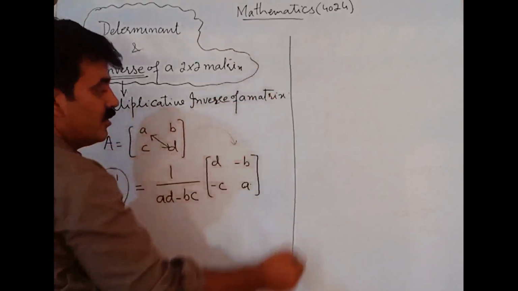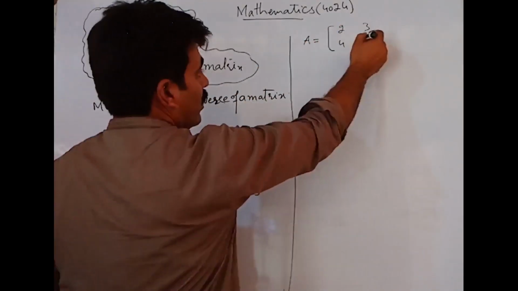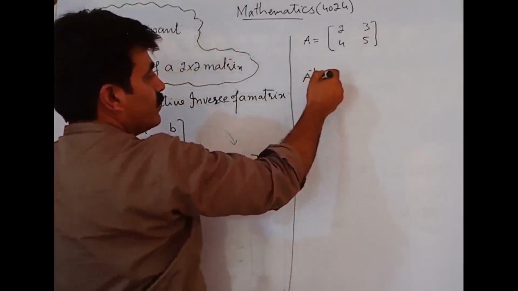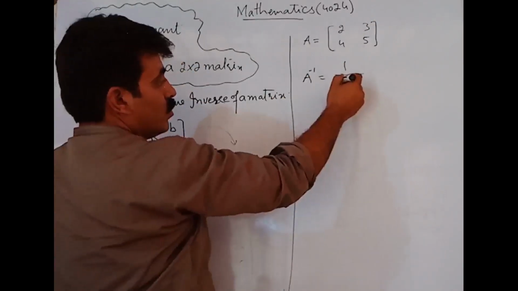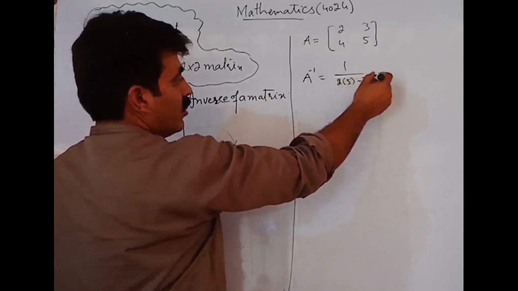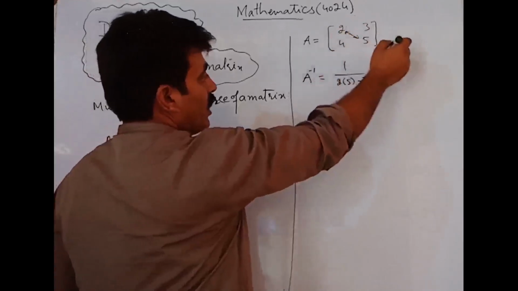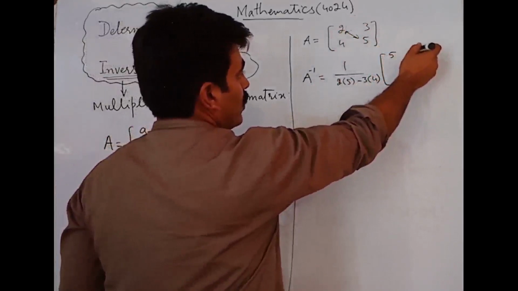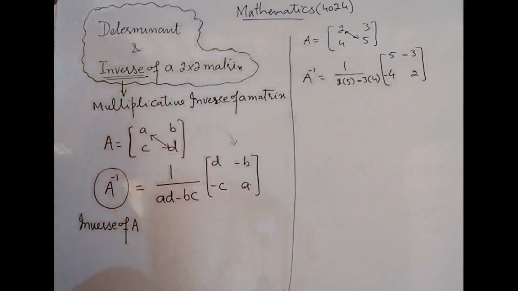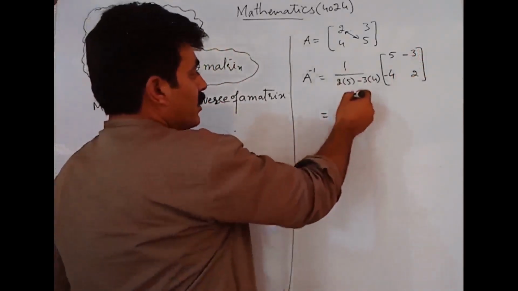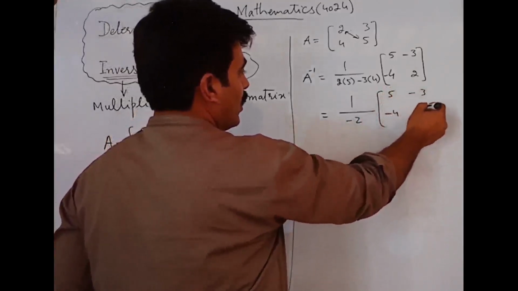Let's see an example. If matrix A is 2, 3, 4, 5, what is A inverse? That is equal to 1 over AD minus BC, 2 into 5 minus 3 into 4, into the matrix with positions changed: 5 and 2, and 3 and 4 with their signs changed. So the answer is 1 over minus 2 times 5, minus 3, minus 4, 2.